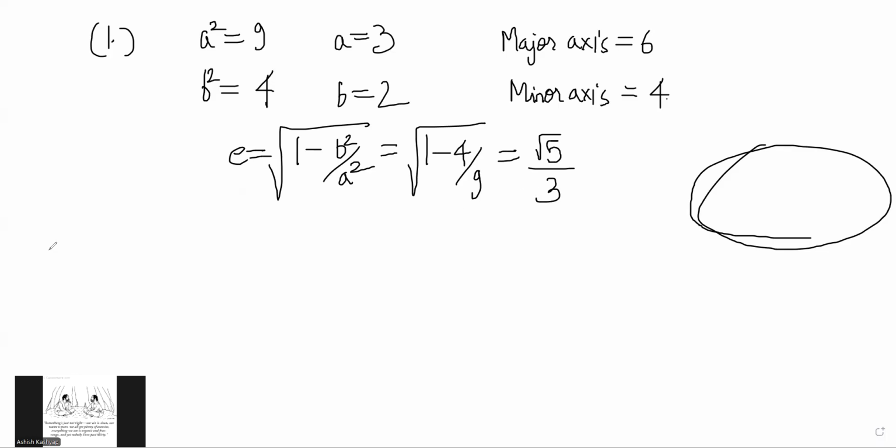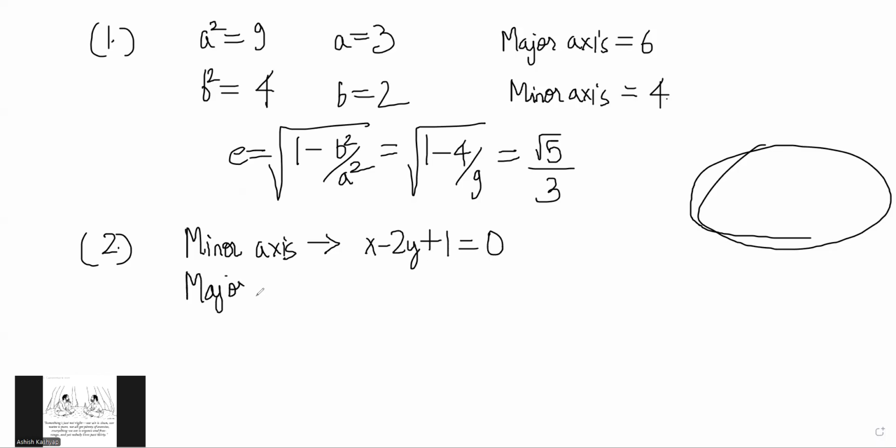We also have to find the center. So we have discovered that the minor axis was the first line, x minus 2y plus 1, and the major axis was the line 2x plus y plus 2.